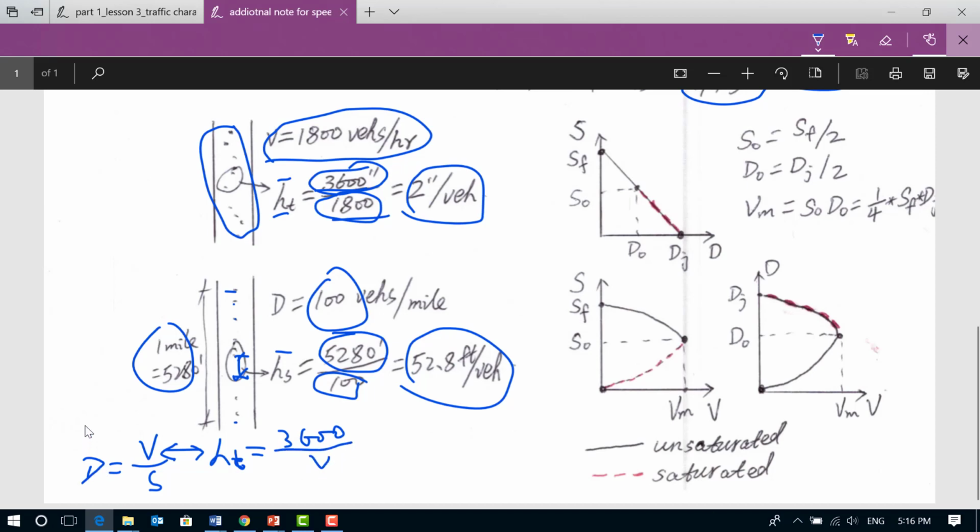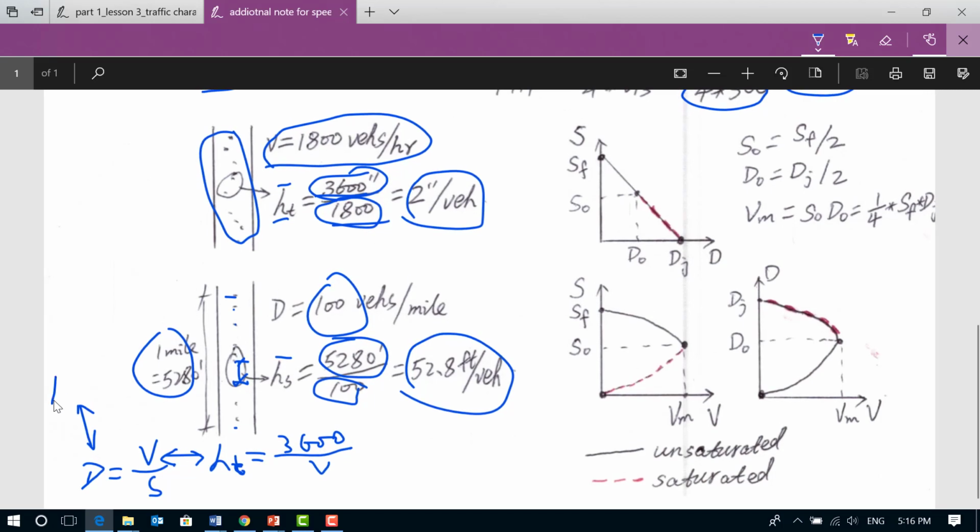You also understand the relationship between space headway and density: space headway equals 5280 divided by the density.